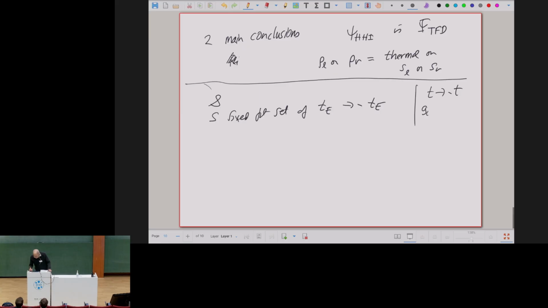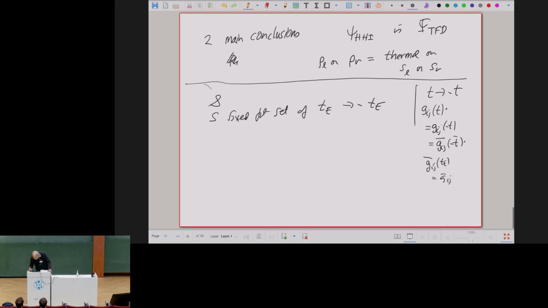That was because Gij of T was Gij of minus T because of the symmetry. And then because the metric is real, that was the same as Gij bar of minus T. And this being equal to this tells us that Gij bar of TE is Gij bar of minus TE.